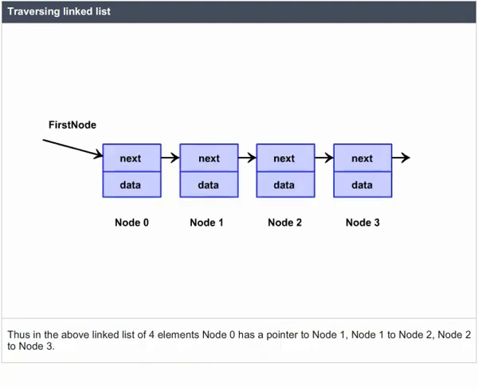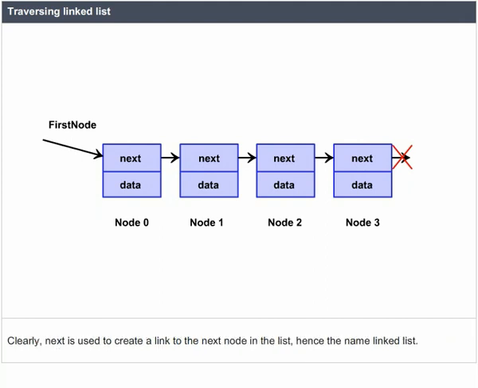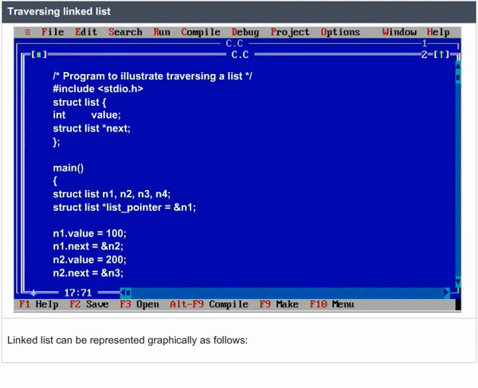Thus, in the above linked list of 4 elements, node 0 has a pointer to node 1, node 1 to node 2, node 2 to node 3. We also need to keep a pointer to the first node in the list, which is node 0 in the above example, to be able to access the list at all. Clearly, next is used to create a link to the next node in the list, hence the name linked list. A linked list can be represented graphically as follows.